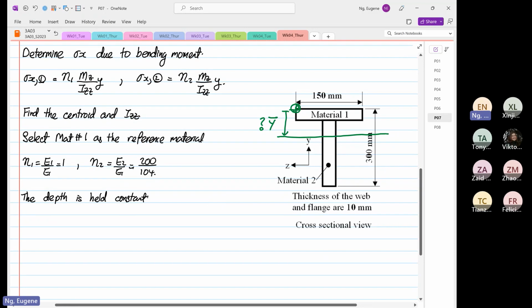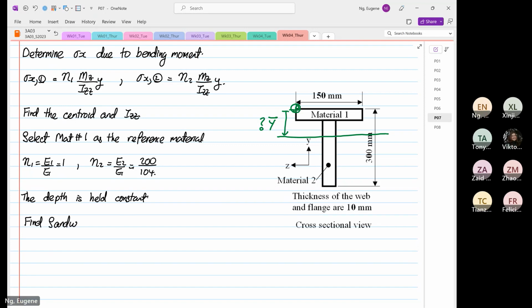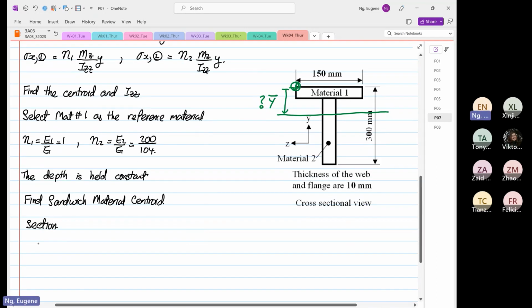Okay, so now we are going to determine the centroid of the sandwich material. Same thing like what I've talked to you guys, we can create a table of sections: section 1 and then section 2.